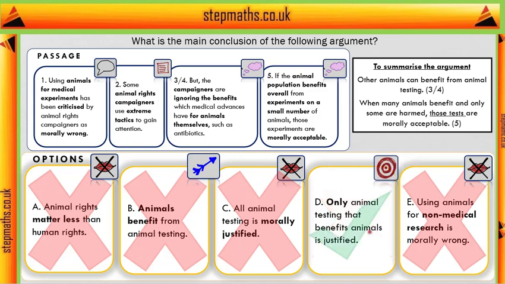So they do intend the answer to be D, and that would be fine if the last sentence was slightly changed, so it was saying it's only if animal testing benefits the overall population that it's justified. I think it's possible they intended you to read those experiments, so here I underline those tests, as meaning that it's only those tests that are justified, and all other tests are unjustified. So it's not explicitly said, but it could be that's what they intended.